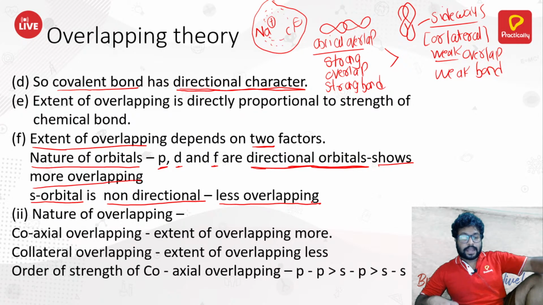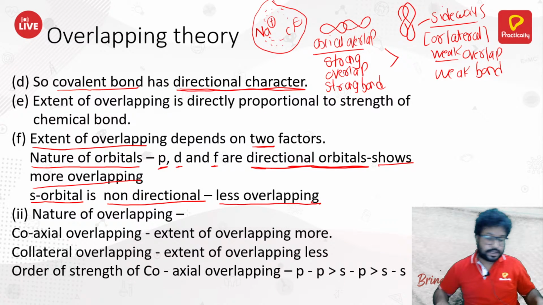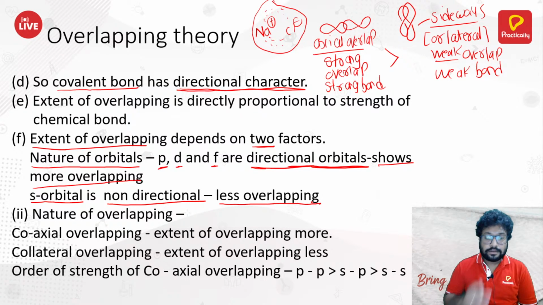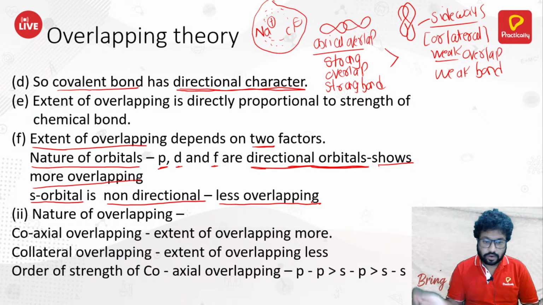Okay, remember that always. So the orbital which has the directional character shows more overlapping. The orbital which is non-directional shows less overlapping. So between your S, P, D and F, S shows the less overlapping, P, D, F shows the more overlapping. Okay, that is what the nature of orbital.